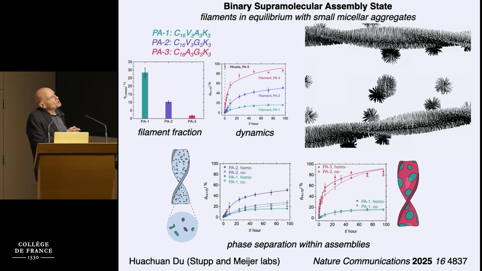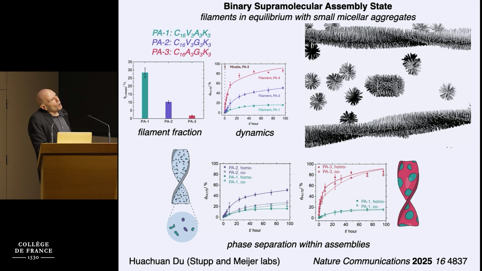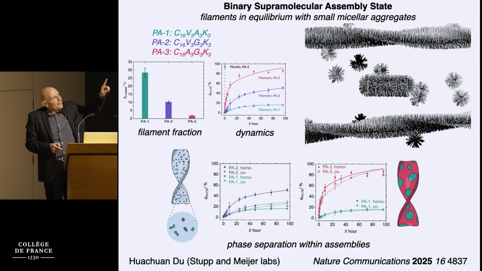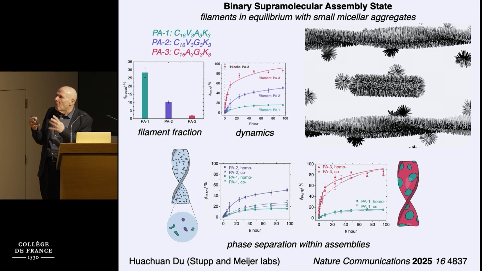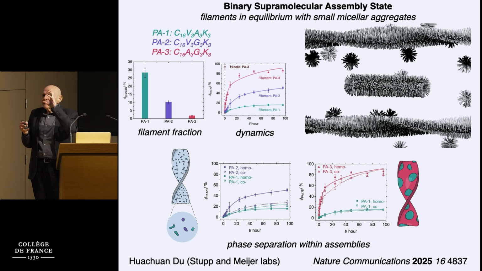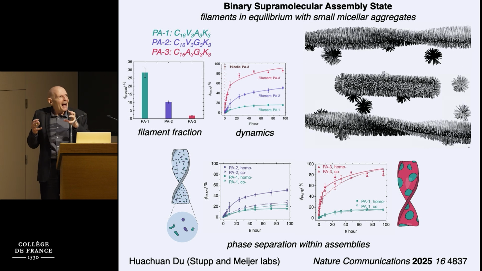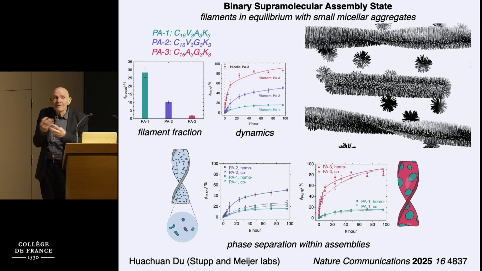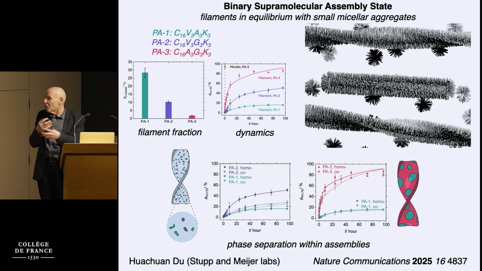I won't say very much about the paper, but if I show you this animation, you'll see where we're going in terms of the model. We think that in the highly mobile systems, they're so mobile that tiny spherical micelles, or semi-spherical, are in equilibrium with filaments. So there is an equilibrium between one-dimensional and zero-dimensional structures.